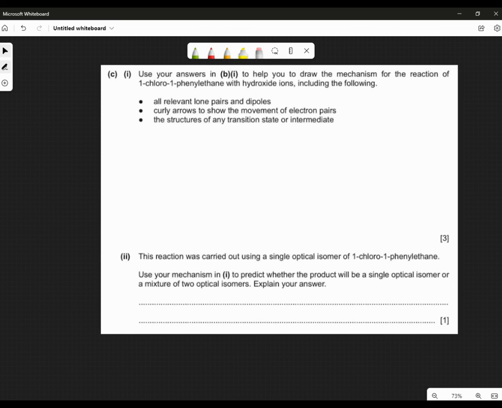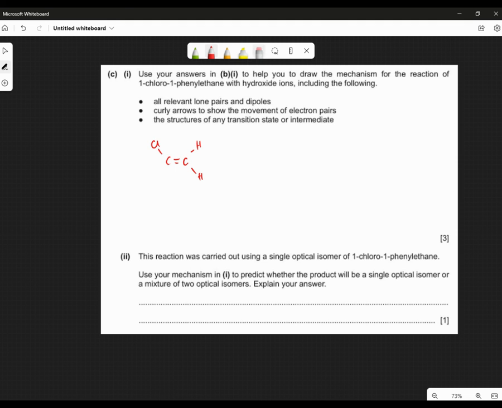Okay, so this is the second one she's asking about. Now, I didn't read the previous bit, but let's assume it's a kind of similar thing. So we've got to do the mechanism for the reaction of 1-chloro-1-phenylethane with hydroxide ion. So let's draw it. It's based on an ethane molecule, and there's a chlorine on 1.